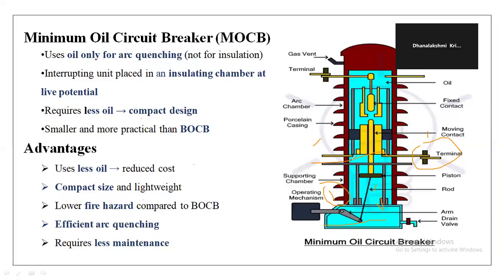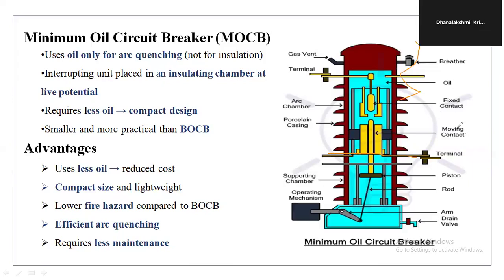It has two compartments separated from each other, but both are filled with oil. This is the upper chamber. The upper chamber is the circuit breaking chamber, and this is the lower chamber.